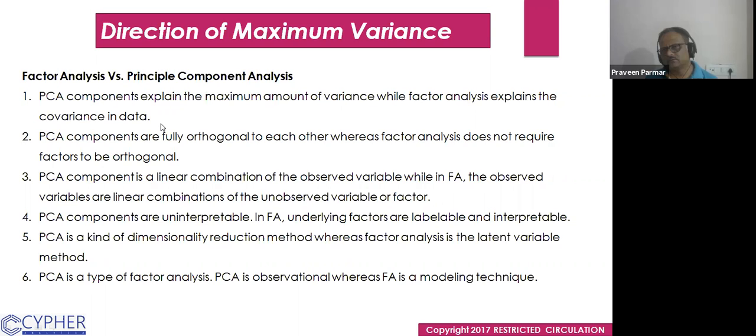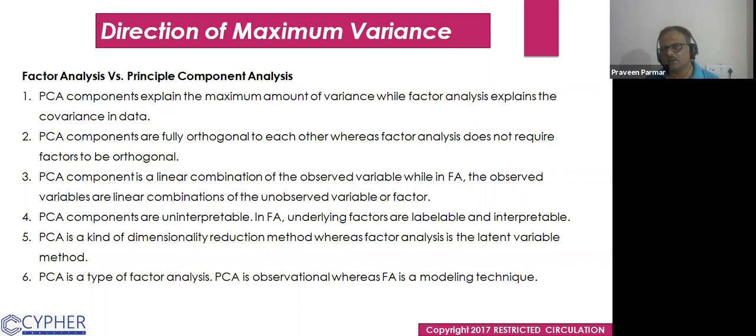PCA components are fully orthogonal to each other, whereas factor analysis does not require factors to be orthogonal. A PCA component is a linear combination of the observed variables, while in FA the observed variable is a linear combination of the unobserved variables or factors. So this is basically the difference between the two.